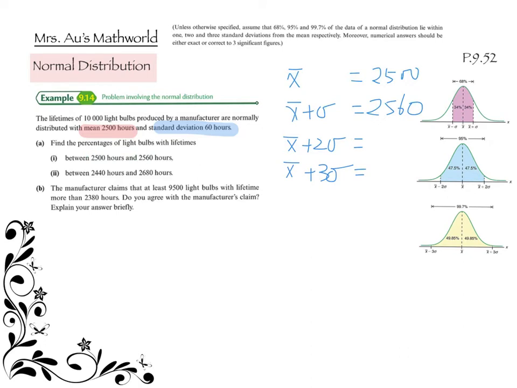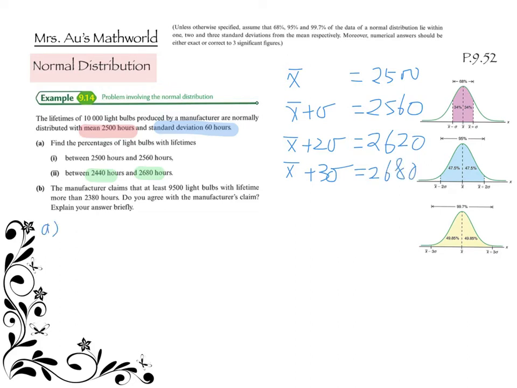For part A2, we need the values of 2,440 and 2,680. So let's handle the number 2,680. We get plus 2 SD, that means 2,620, because the SD is 60. Then x plus 3 SD. So we have completed one of them.